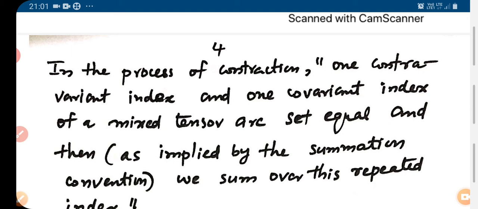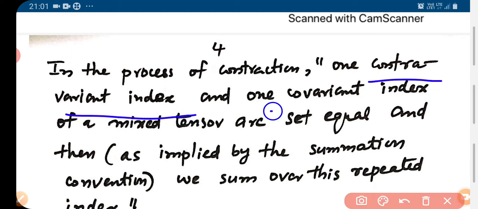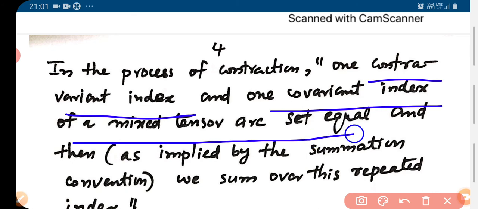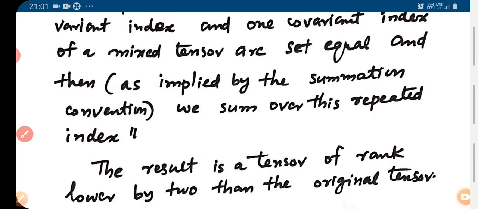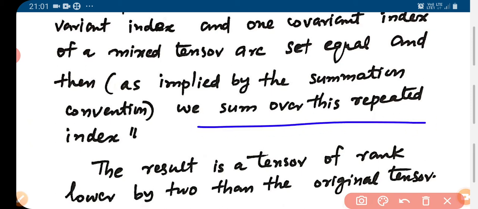In this process, one contravariant index and one covariant index of a mixed tensor are set equal, and then, as implied by the summation convention, we sum over this repeated index, because we know the Einstein summation convention. If an index is repeating, we have to sum over that.